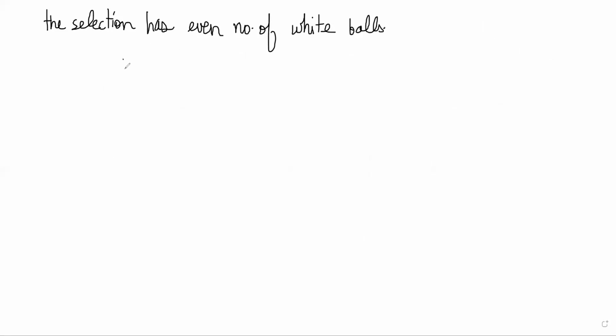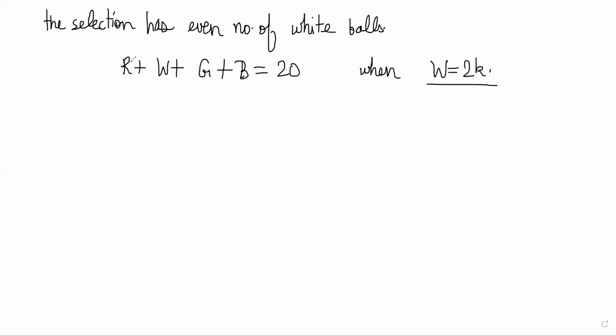So R plus W plus G plus B is equal to 20 when W is equal to some 2K. In general it will be annoying to take too many cases, because you'll have to take so many cases till 18 and 20, and after that you will have to add all the answers.